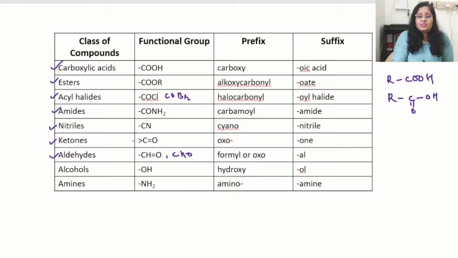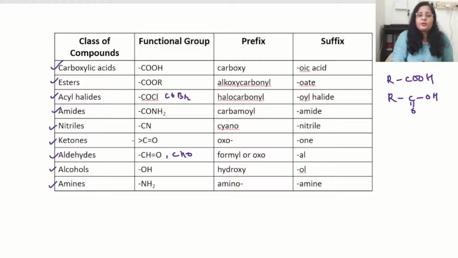Its prefix name is formyl or oxo and suffix name is al. Next in the list is alcohols. Functional group is OH. Prefix name is hydroxy, suffix name is ol. And the last one in the list is amines. Its functional group is NH2. Prefix is amino and suffix is amine.